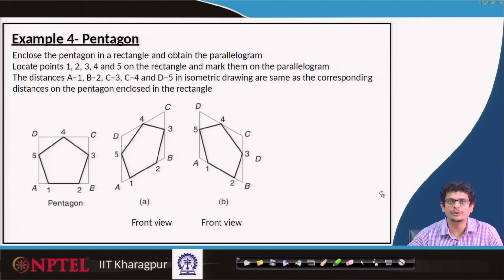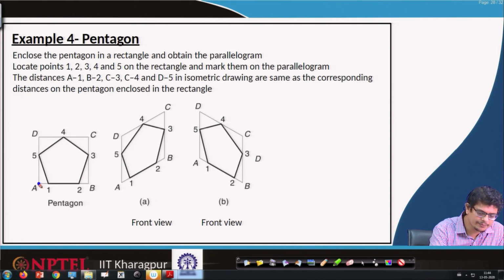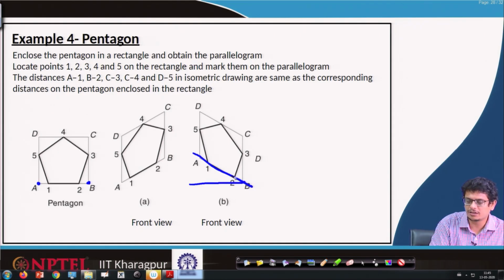Now, for the other front view, the right side view or left side view, if we are looking at it, rotate AB with a 30 degrees inclination line from the horizontal.